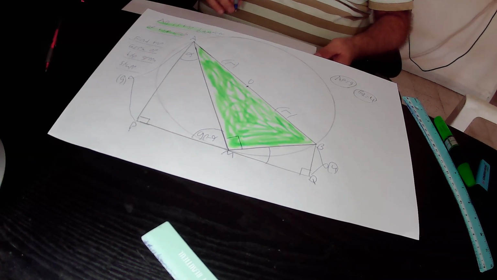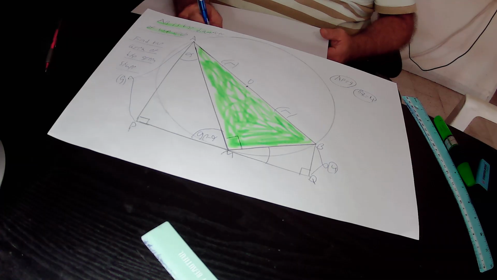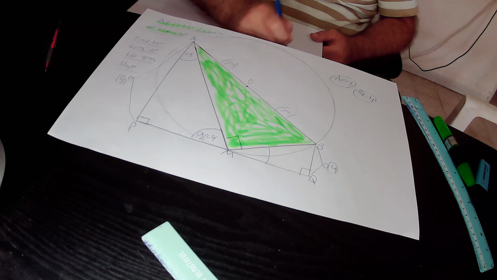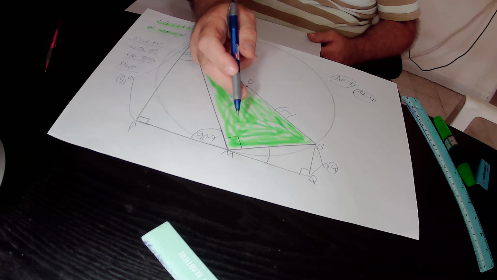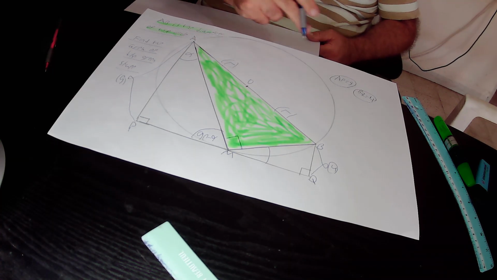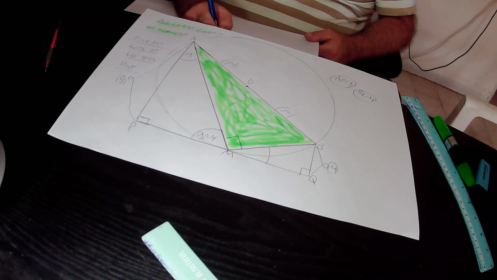So remember that 90 degrees minus alpha plus 90 degrees plus this missing angle BMQ. In total, the sum of those three angles must be equal to 180 degrees according to rule 3.